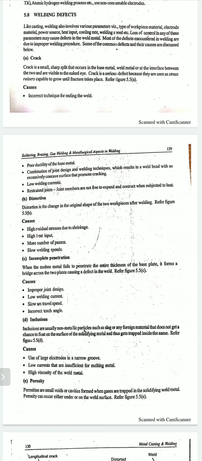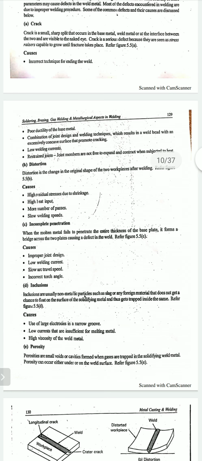When these stresses come out in a large quantity, distortion may occur. For that reason we should avoid excess heat, and less residual stress should be generated by controlling the heat during the welding process. This is one of the major causes of distortion.